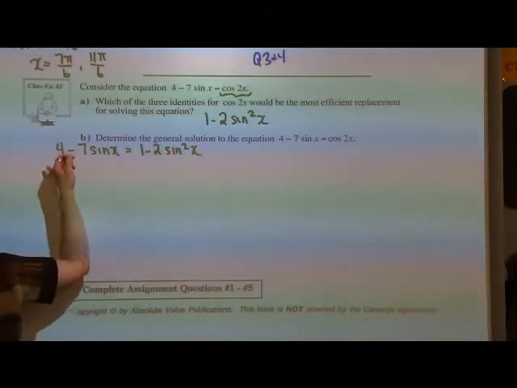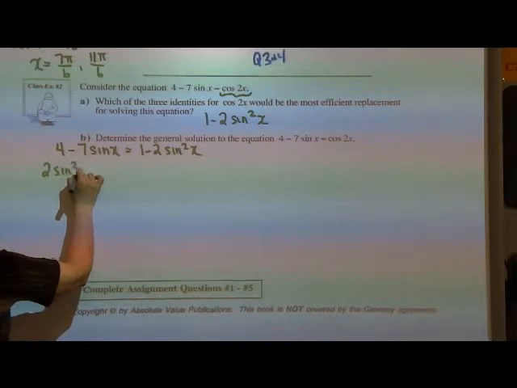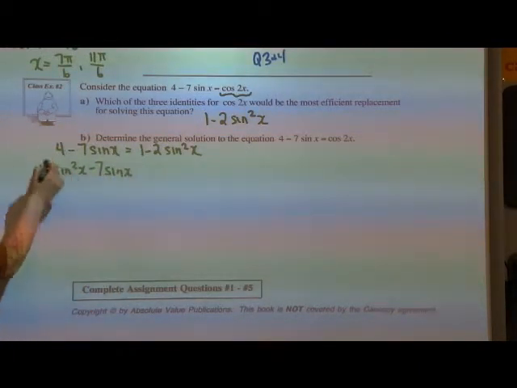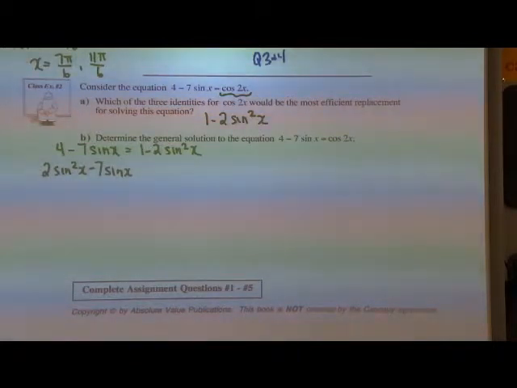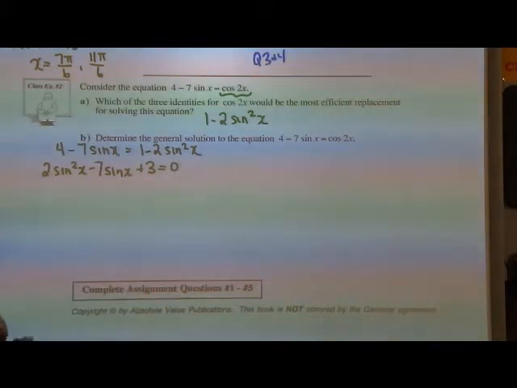So let's move it over. So if I move it over, I get a positive 2 sin squared x minus 7 sin x. Move the 1 over, I would get positive 3. Okay? Now what would I do?